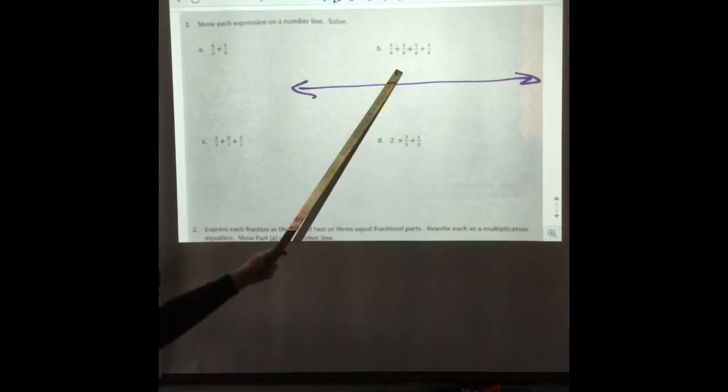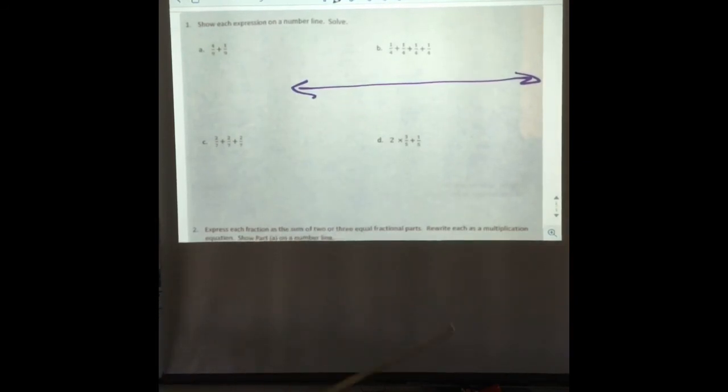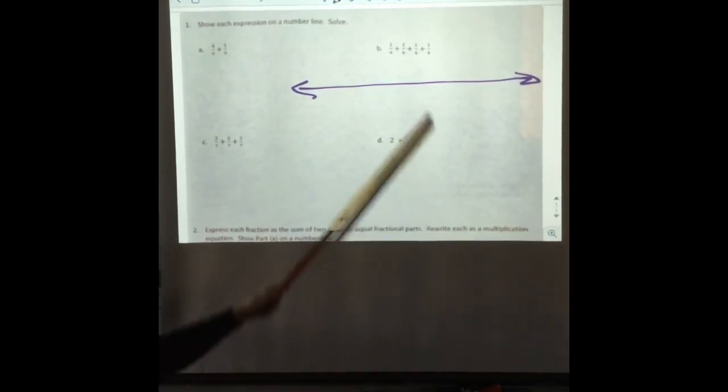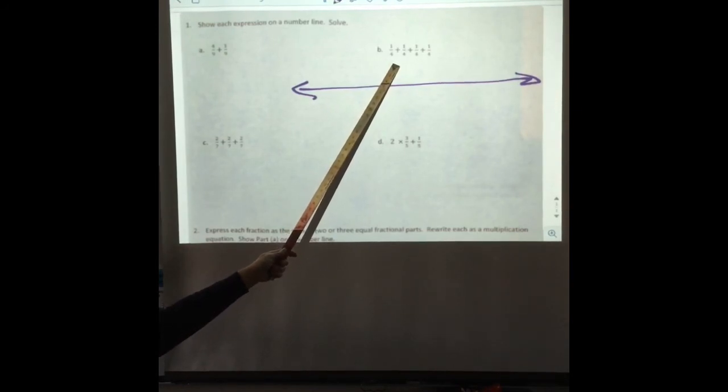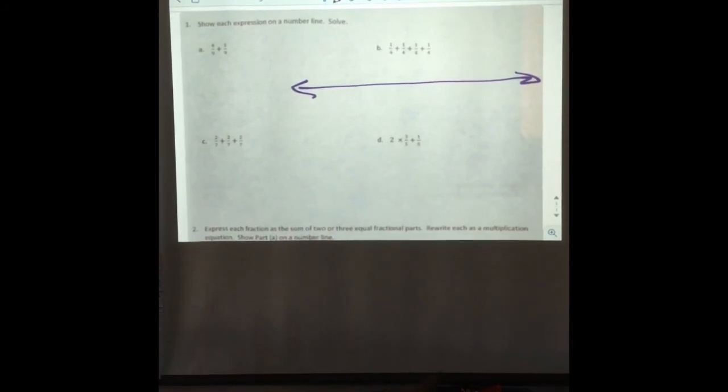What am I going to cut things up into? 4. My unit number is 4. So I'm going to cut things up into 4. I put my 0 here, and then I'm going to go 1, 2, 3, 4, right?